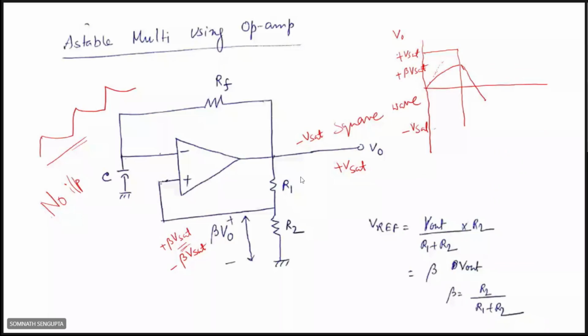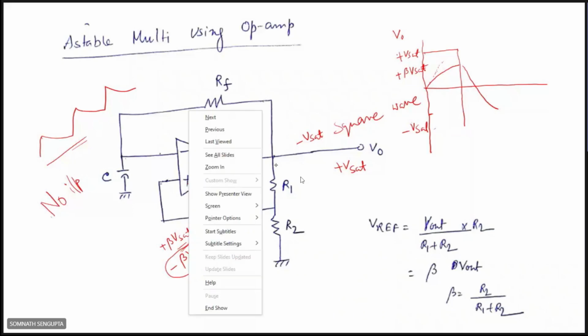And when the capacitor voltage reaches minus beta Vsat, which is appearing at the positive terminal, and goes lesser than that, it means less voltage is at the negative terminal and more voltage is at the positive terminal.